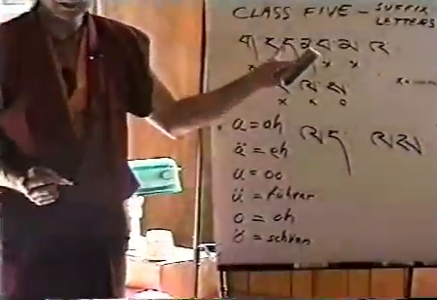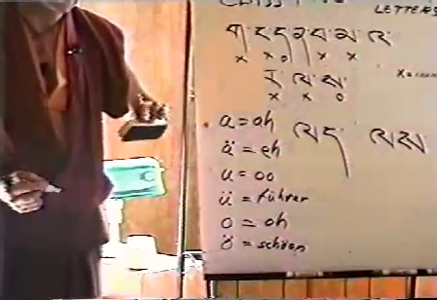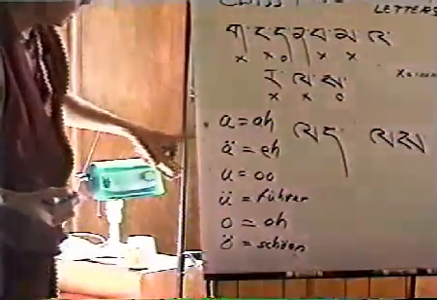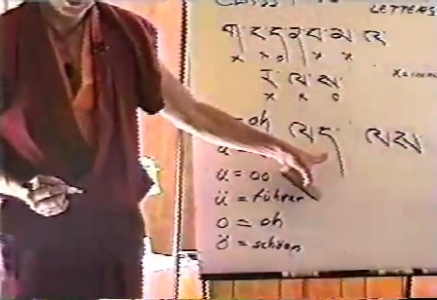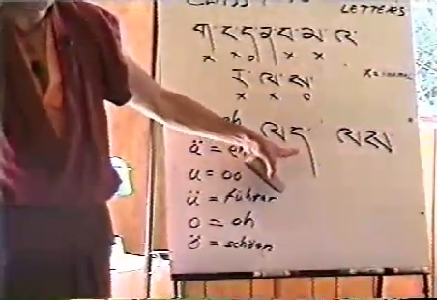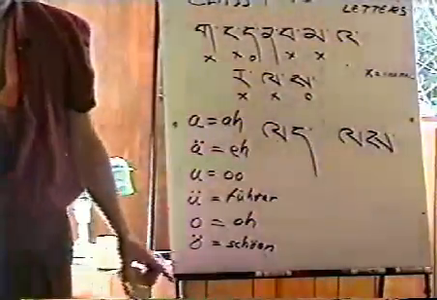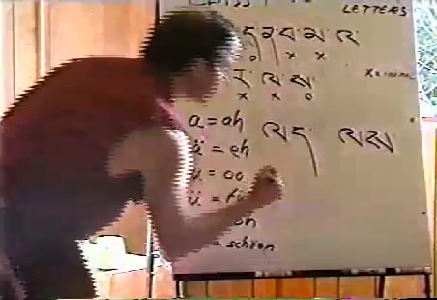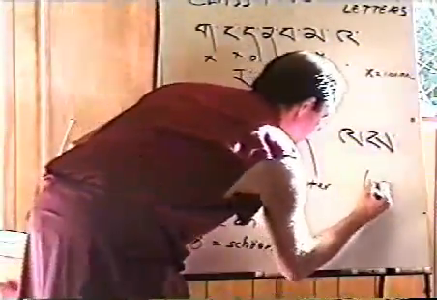Which reminds me, I forgot a subjoined letter. We'll come back to it. Okay, so what happens? The da drops out, and I promised you two linguistic compensations. One is the umlauting. The other is that this one gets shorter, and this one gets longer.